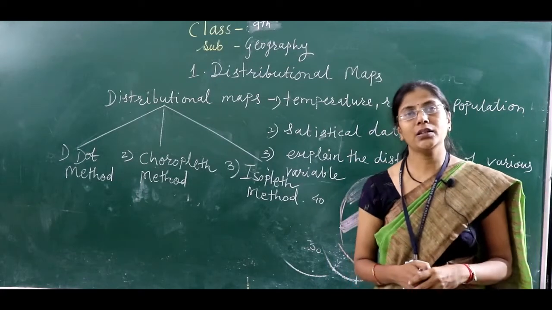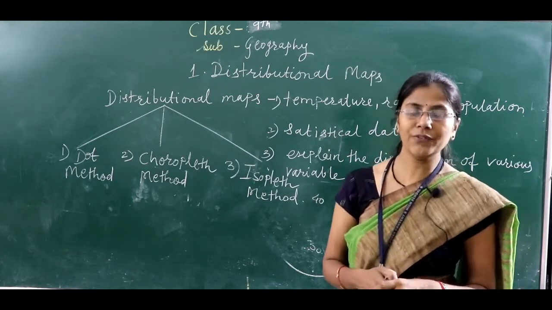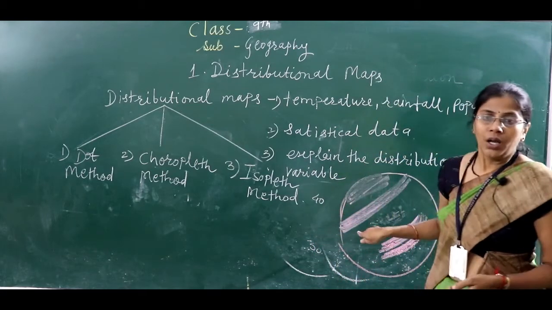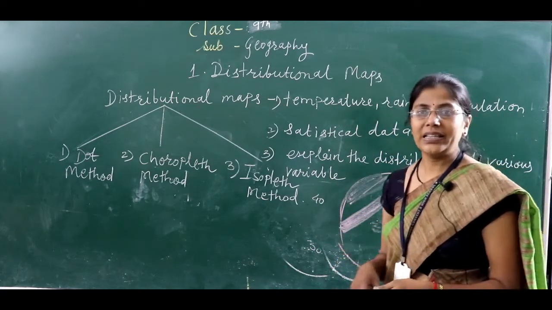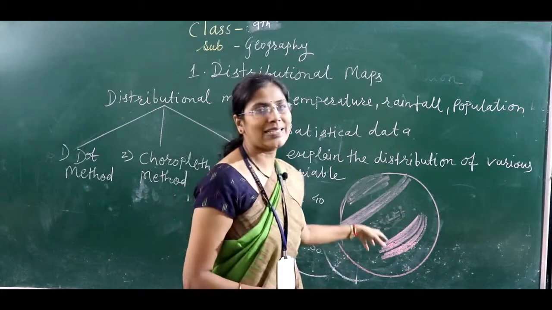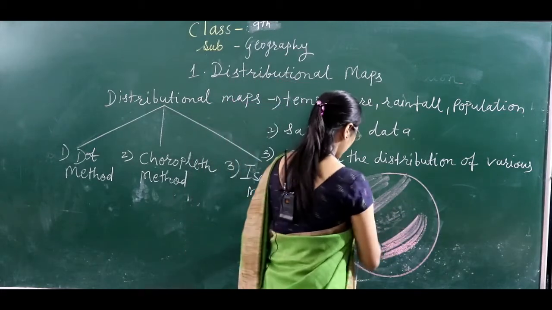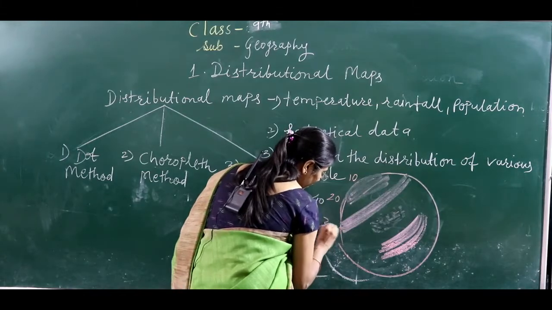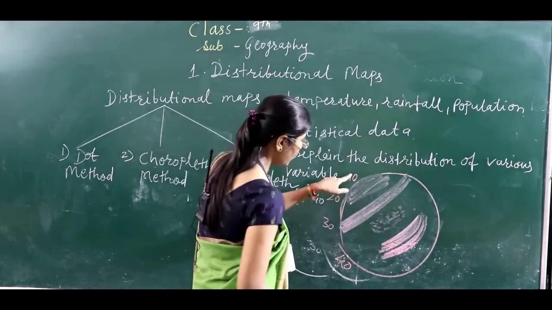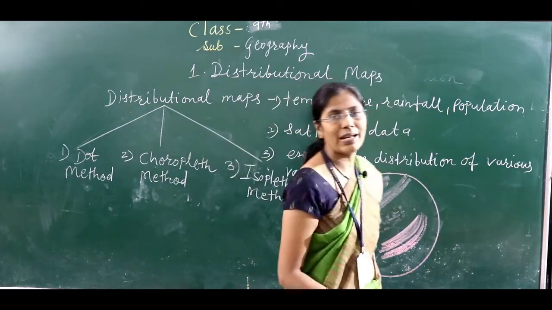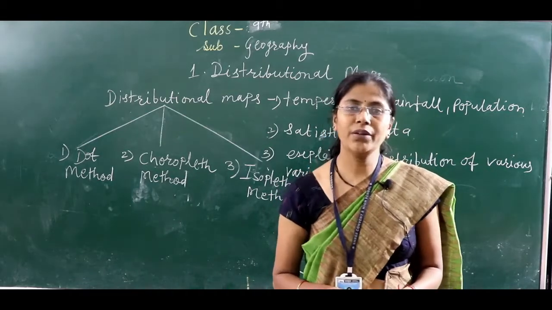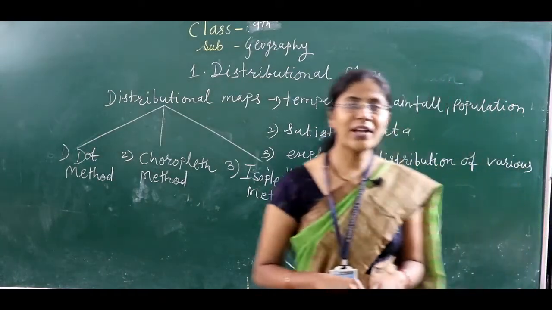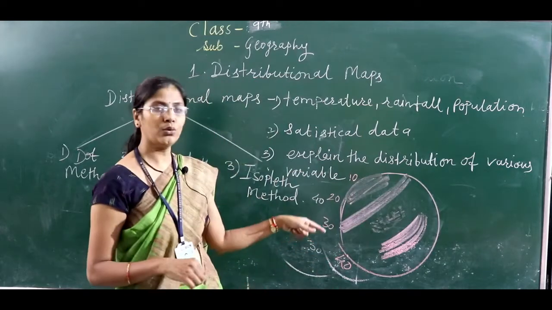In a choropleth method, the data regarding various geographical variables is shown by shades or tints of various colors. Again, the smallest and the highest values of the given data of the variable in the region are taken into consideration, like 10, 20, 30, 40. After that, 5 to 7 classes are made. What is meant by 5 to 7 classes?